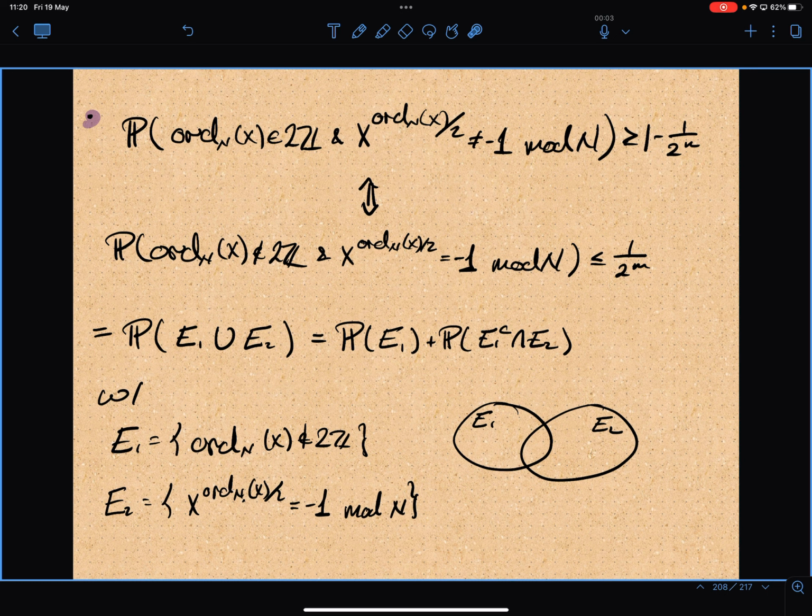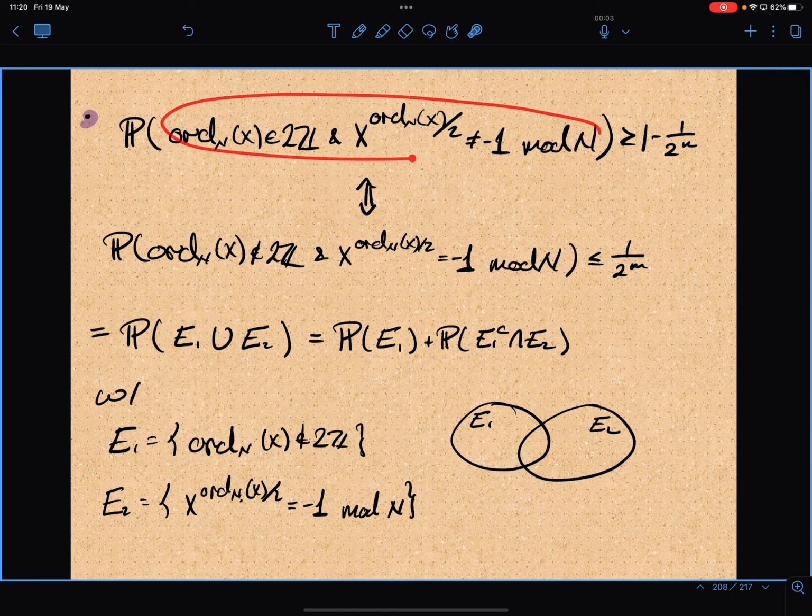And by taking the complement of this event, which is that the order is not even, or x to the order divided by 2 is equal to -1 mod n, the probability is less than or equal to 1 over 2 to the m. And again, I think this is 2 to the m minus 1.